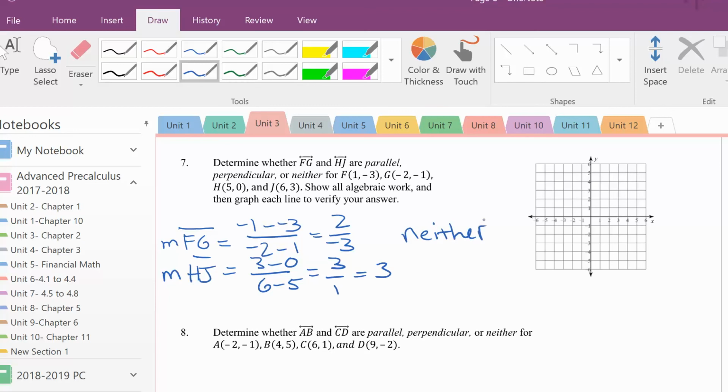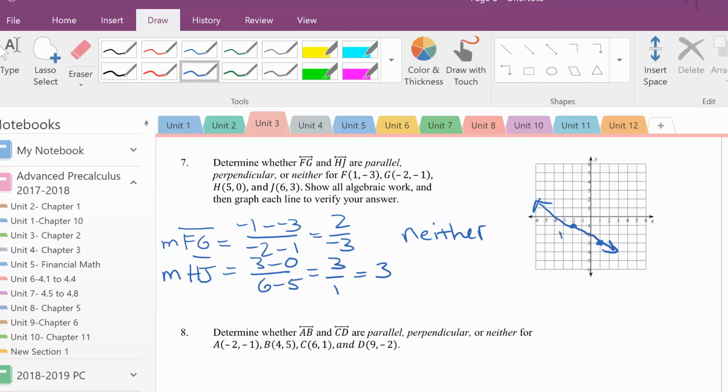And then to graph the line, well, if I graph 1, -3 right here, and -2, -1, this is FG.